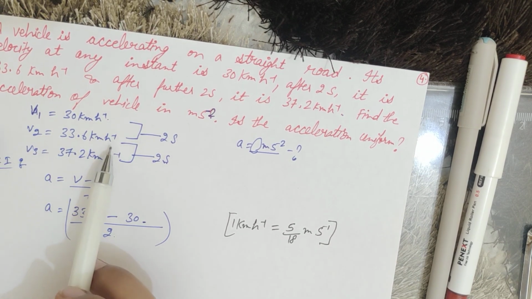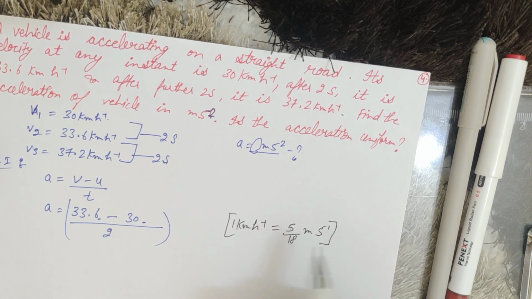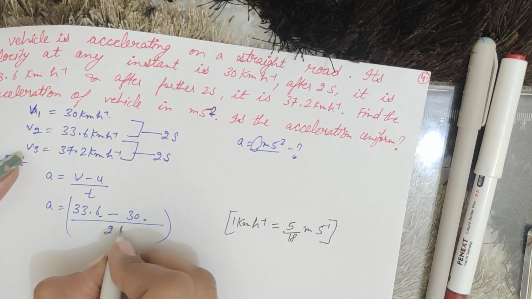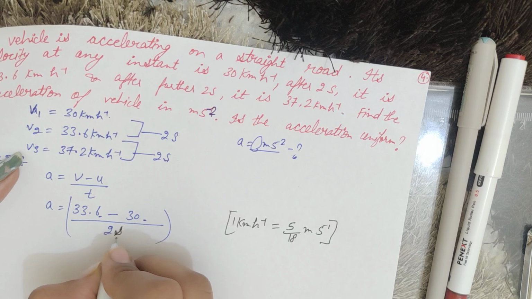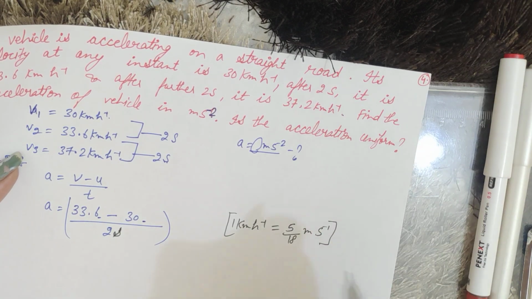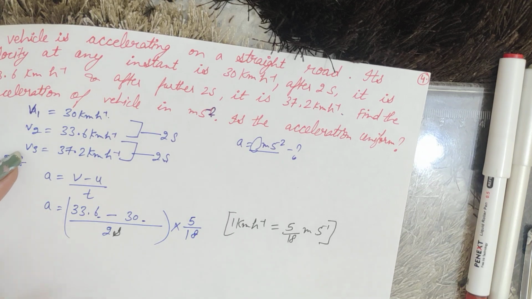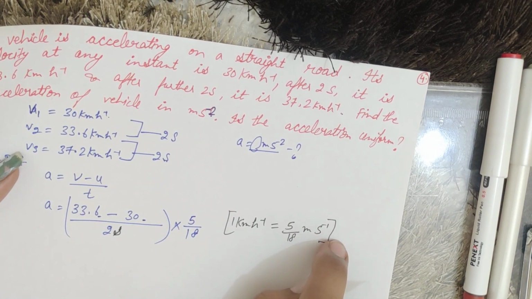So these two will change into meter per second, and the acceleration will come in meter per second square. How? Because this is also in seconds, so we get 1 square from this, right? Because of this, we are multiplying the given value with 5 by 18 to convert into meter per second. That's why.